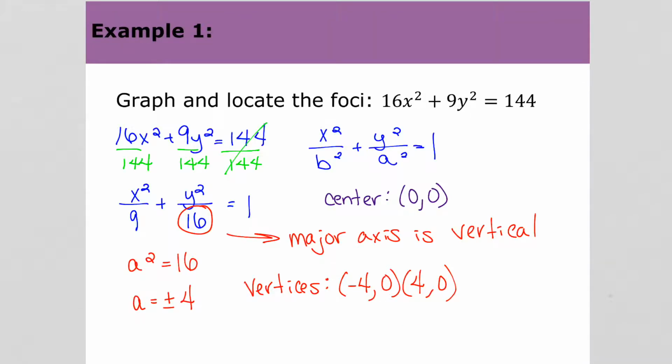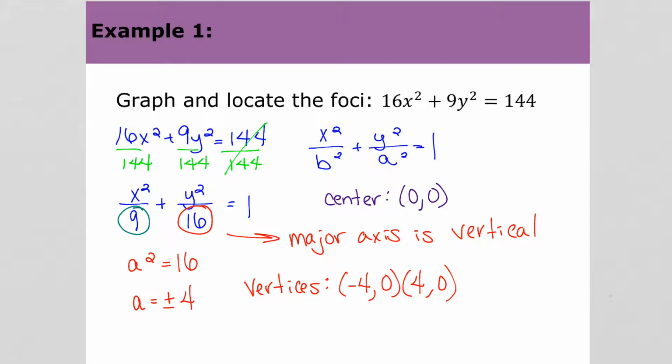Okay, next step is to find B. So B squared is this number. B squared is 9. That means B will be positive or negative 3. And I wrote these vertices wrong over here too.